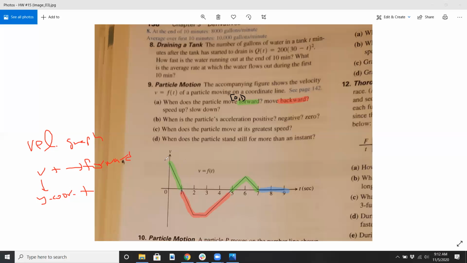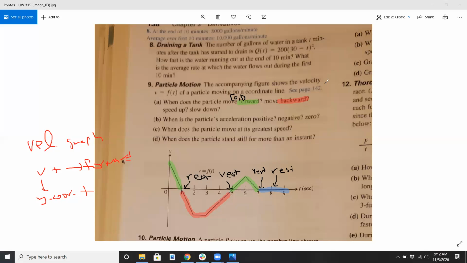So we are moving forward initially. But at 1, we're at rest. So we're not moving at all at 1. We're actually at rest after 7 seconds, from 7 to 9 seconds. We're not moving at all. We have a 0 velocity.